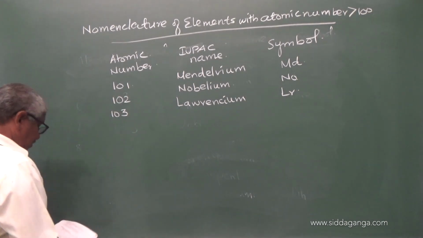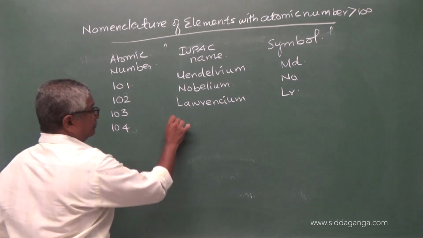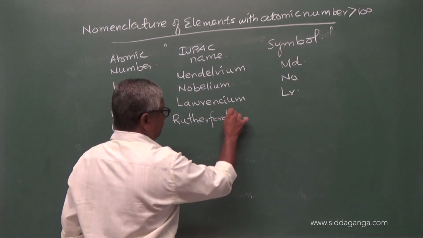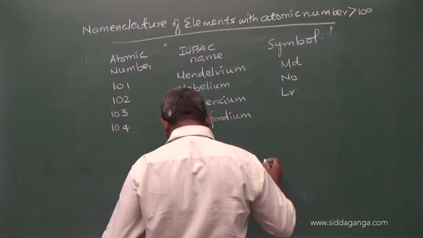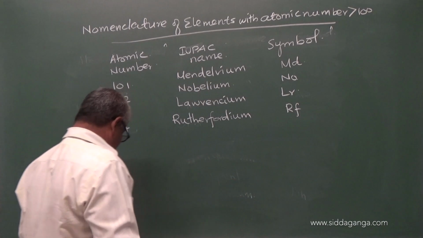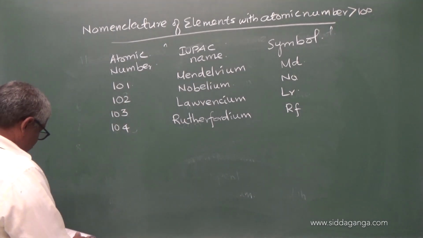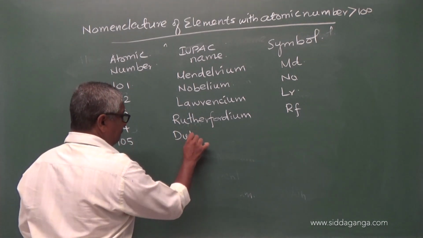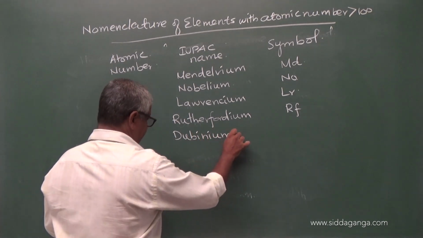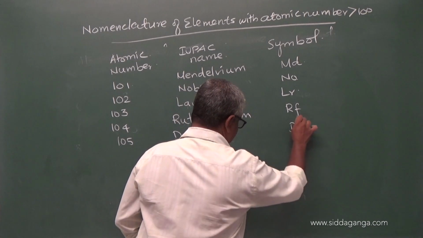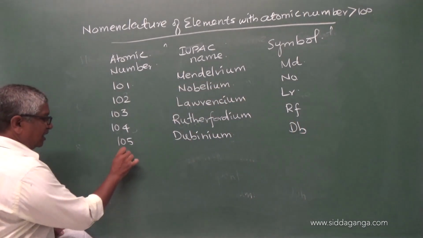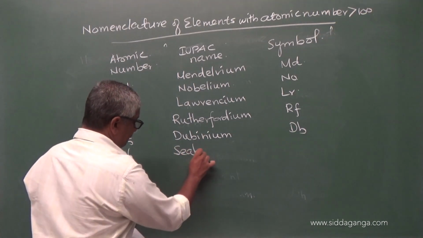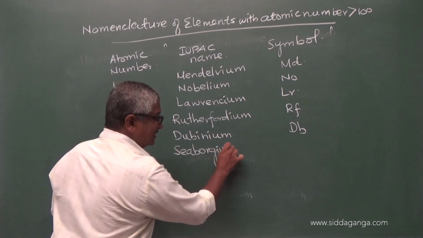104, Rutherfordium. Symbol Rf. 105, Dubnium, Db. 106, Seaborgium, identified by the scientist Seaborg.